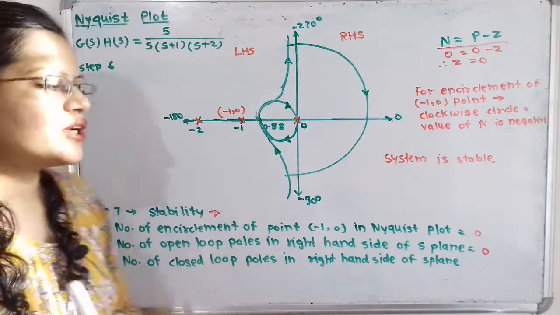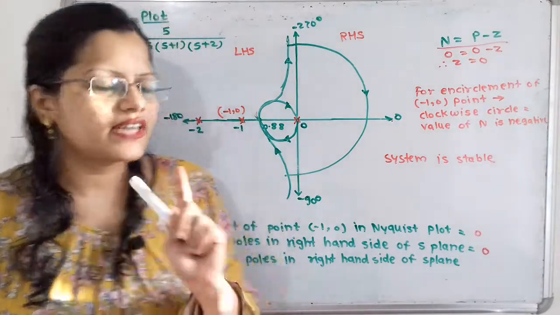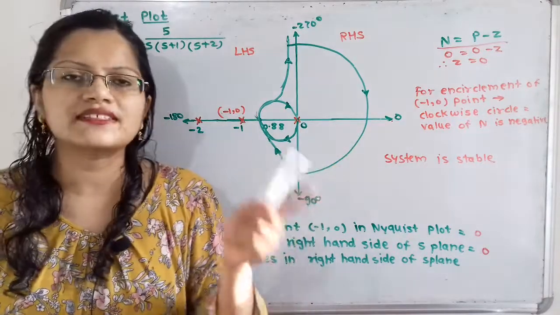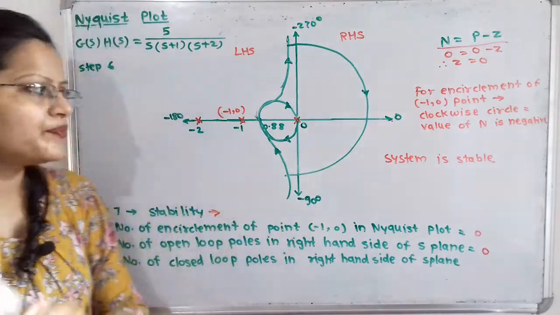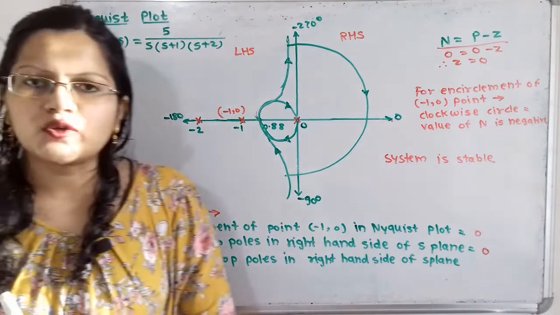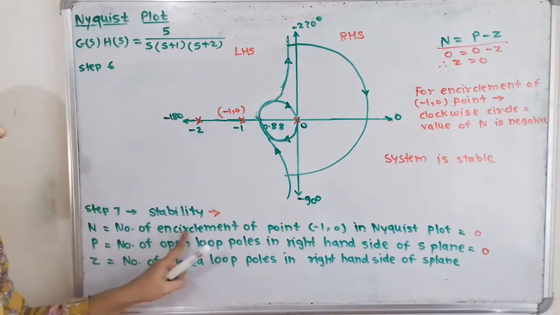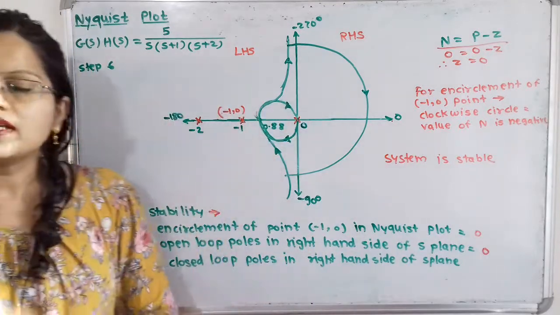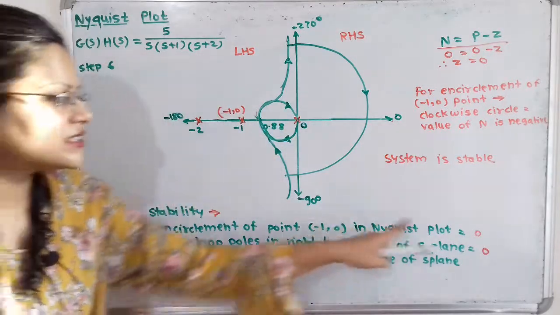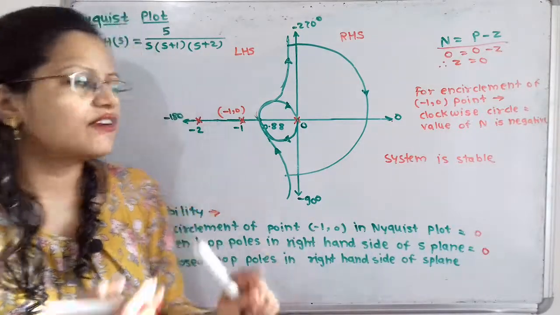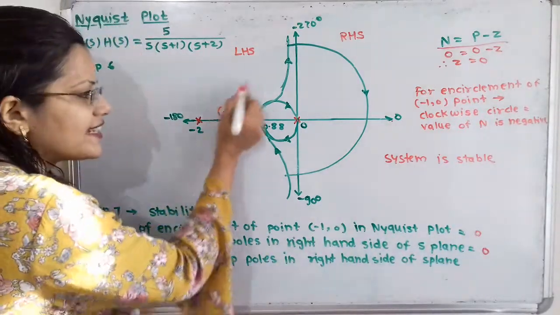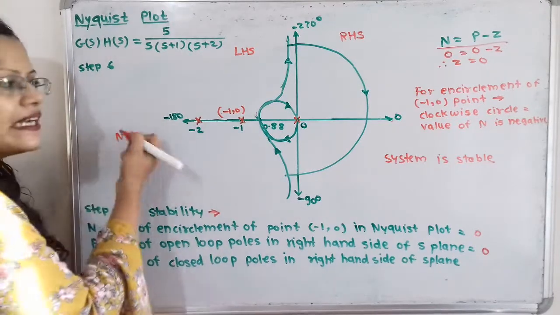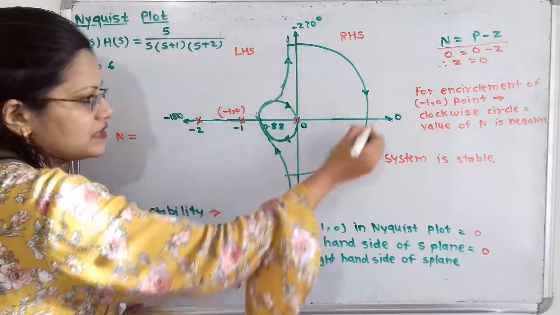From this we understand that whenever any pole lies on the right hand side of the S plane, we can say that the system is unstable. Now one more important rule: here the point is outside the Nyquist plot, so the number of encirclements is 0. But if this point is enclosed by a circle, then the value of n depends on the direction of the circle.